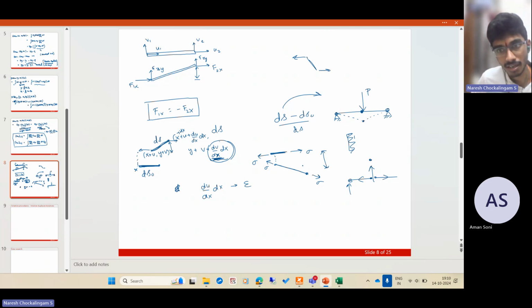And you establish the equilibrium in the deformed configuration. So what happens is the stresses, when they are in the deformed configuration, are in a different orientation. And this is what gives rise to stiffness of this structure.